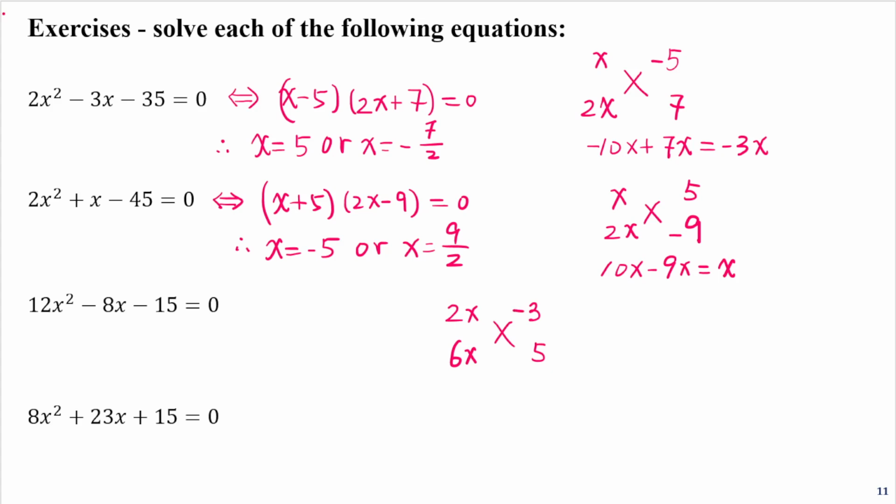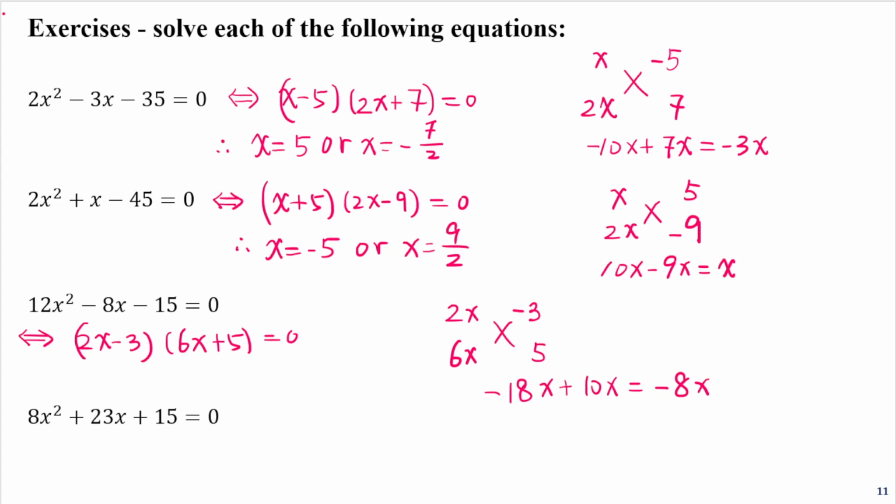But we need negative 8, therefore you need to put a negative symbol here. So negative 3 by 5 will give you negative 15 here. And the cross product will give us negative 18x plus 10x, which is negative 8x, which is exactly the term in the middle. Therefore, this equation is equivalent to 2x minus 3 times 6x plus 5, right? If you are not so sure, always try to verify that by expanding it back.